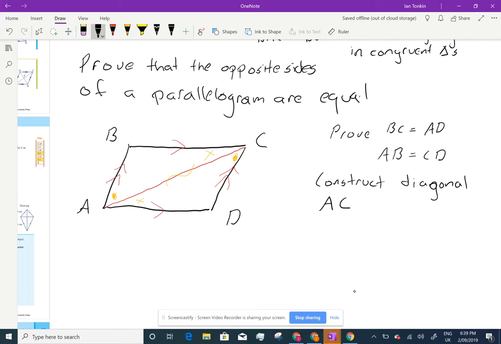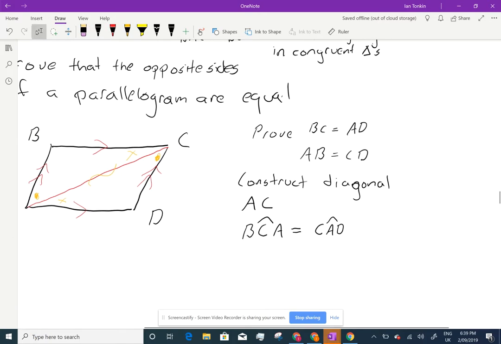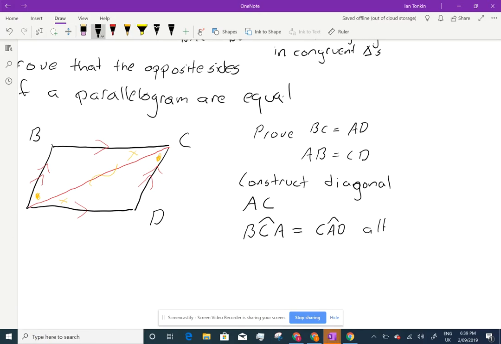We know that BCA equals CAD, alternate angles, and what sides? BC and AD. That's because BC is parallel to AD.